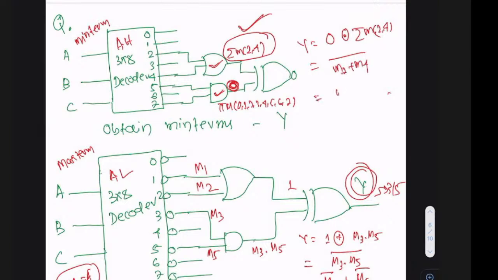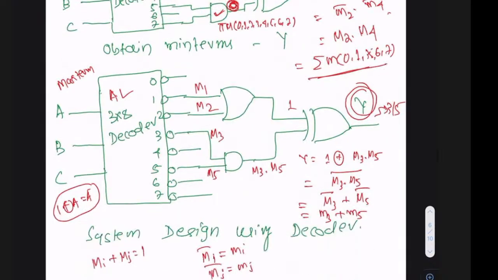This is min term 2 complement added with min term 4 complement, which is max term 2 into max term 4. If it is max term 2 into max term 4, it is equivalent to min terms 0, 1, 3, 5, 6, 7. This is the answer we got, right?